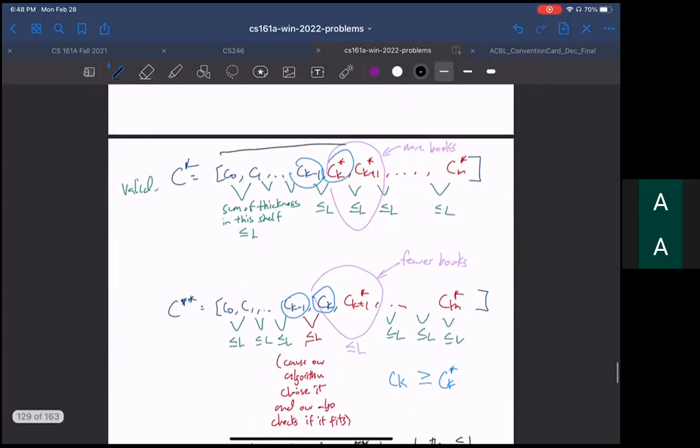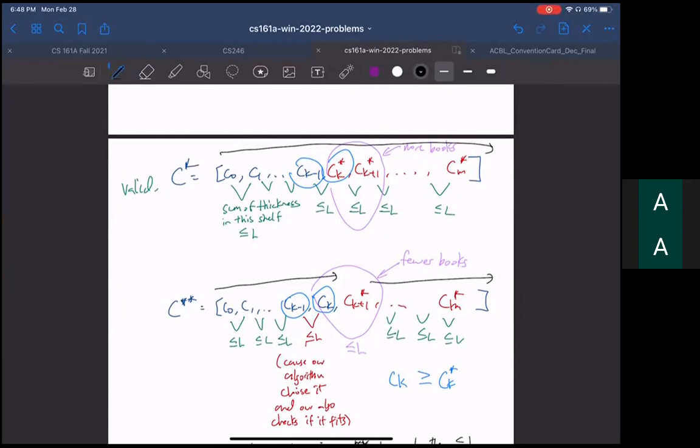So the C's in this order are increasing. We know that in the bottom one, the first up to CK are increasing. Our algorithm chose CK, so that has to be greater than CK minus 1, right? We know that everything else after that is increasing because above, everything in the red is increasing.